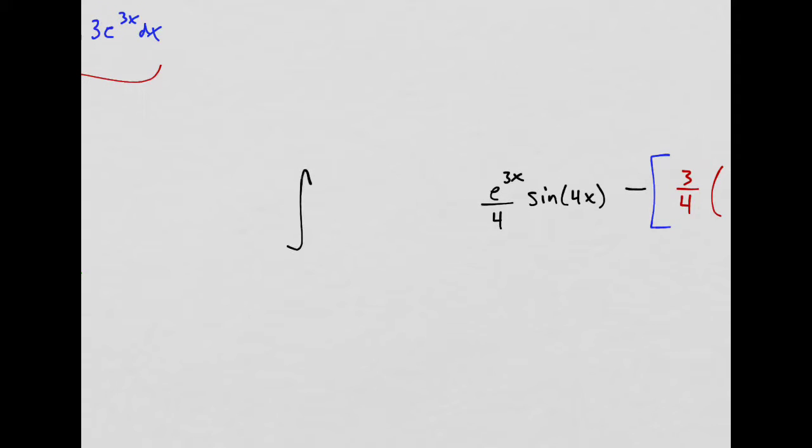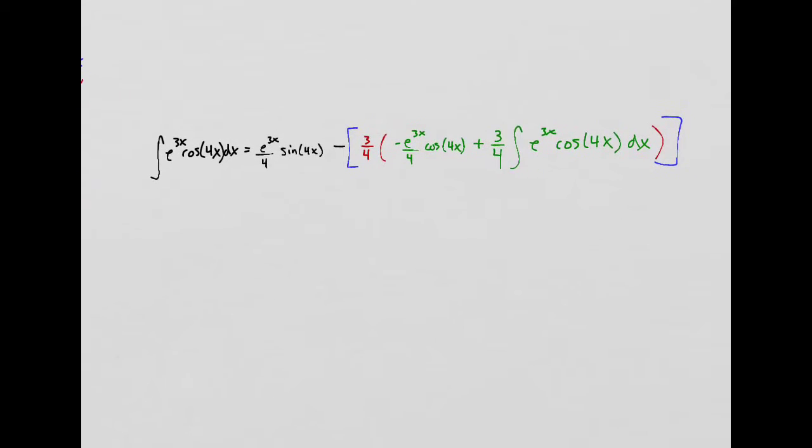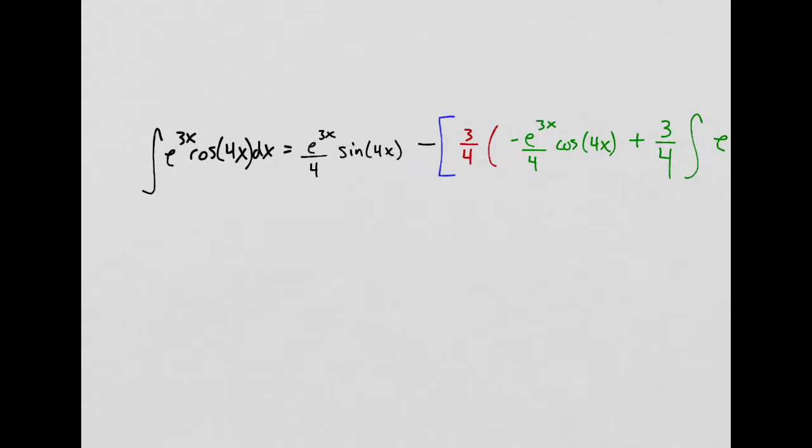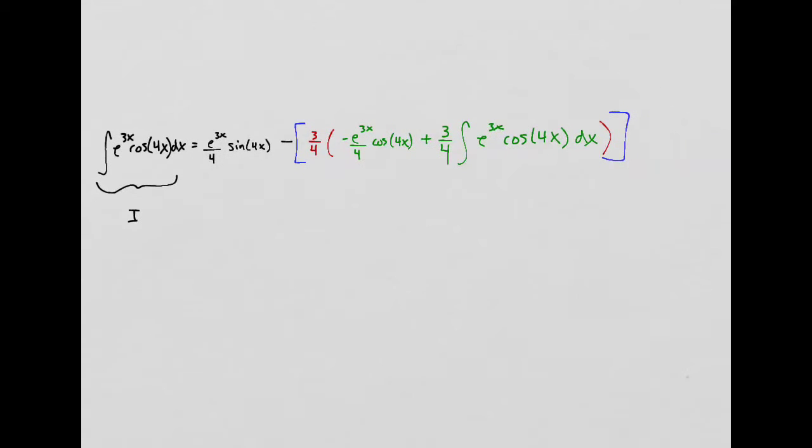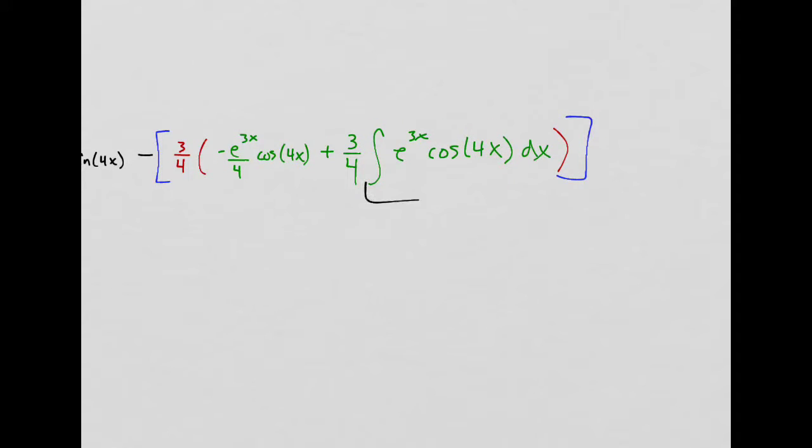The original was the integral of e to the 3x cosine of 4x dx, and that equals all of that stuff. But the important part is I notice that this is the original. I'm going to call that I. I'm going to name it I, and then I'll name that I.